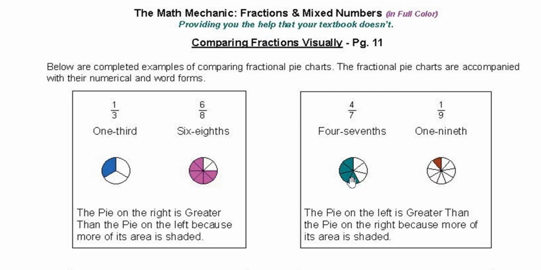Therefore, the amount of area shaded in this pie is greater than the amount of area shaded in this pie. So, 4/7 is greater than 1/9.